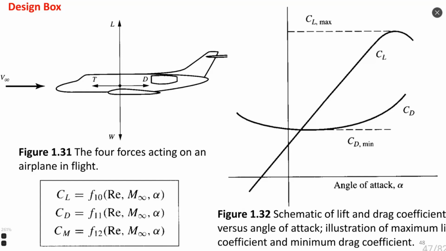We can see that there are two parameters here, and the moment coefficient is another discussion. The lift coefficient is usually proportional to angle of attack, with some kind of linear proportionality, starting from some negative value until a relatively high positive value, and it has some maximum at some specific value of angle of attack.